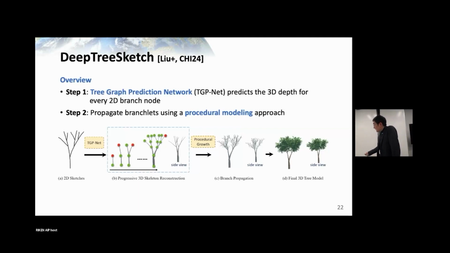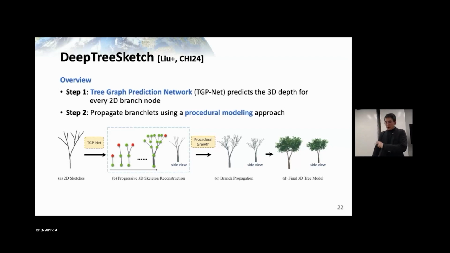And after that, procedural modeling, which is a rule-based algorithmic approach common in computer graphics, can make branches grow and make the final reconstruction result, which is quite realistic.